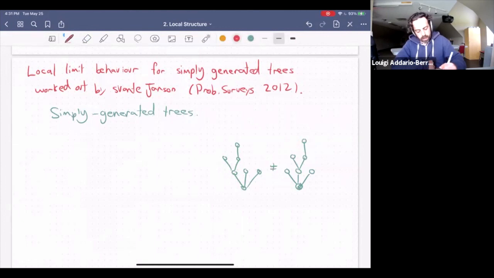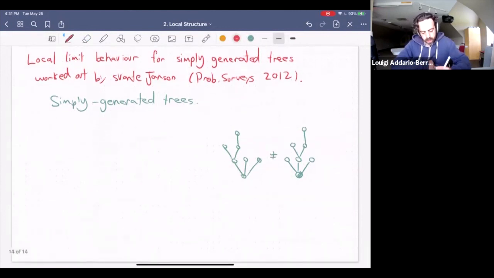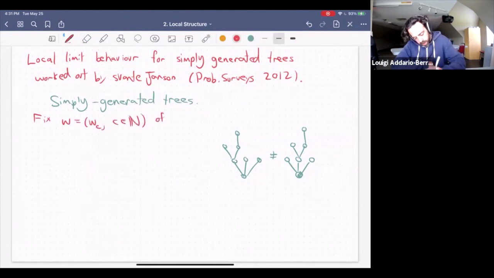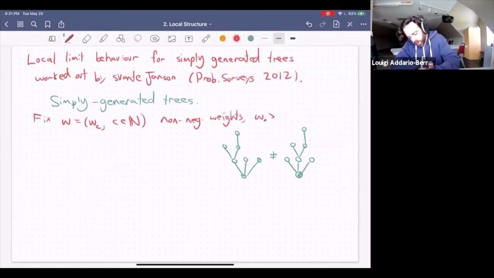Okay, and then the way that you add randomness to this picture is very simple. You just fix a vector W of non-negative weights with W0 positive.